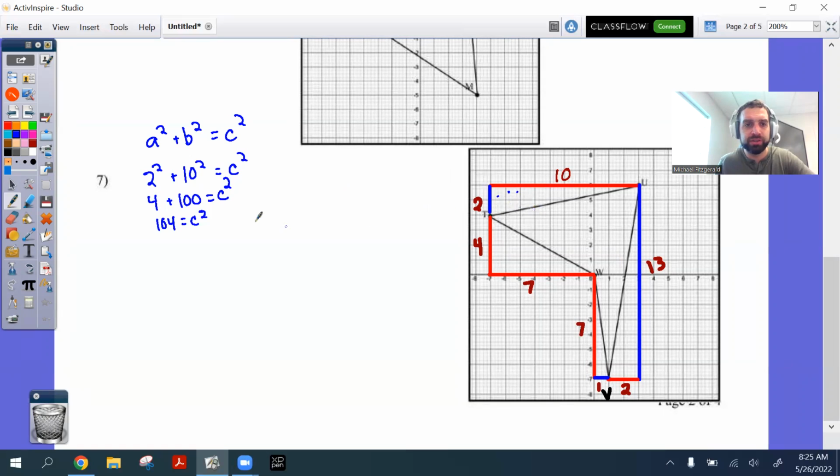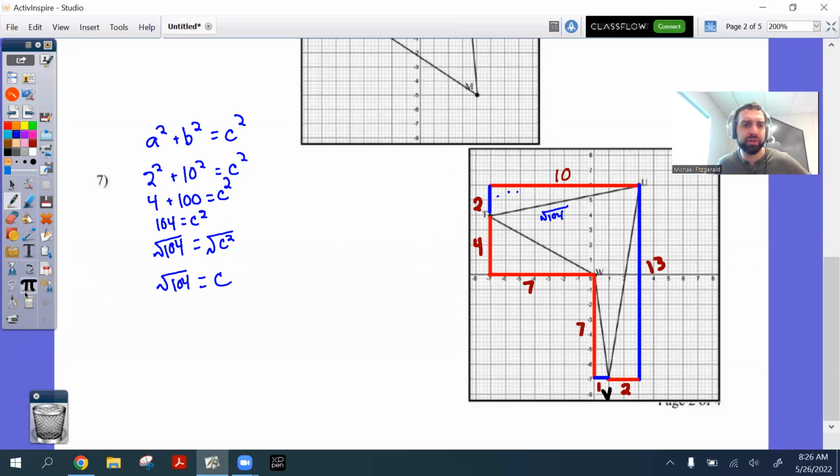So to find c, we just square root both sides, right? So the square root of 104, which is just over 10, but we're going to leave it as the square root of 104, is equal to c. I'm not going to name these different things, I'm just going to label them. So this one is equal to the square root of 104.